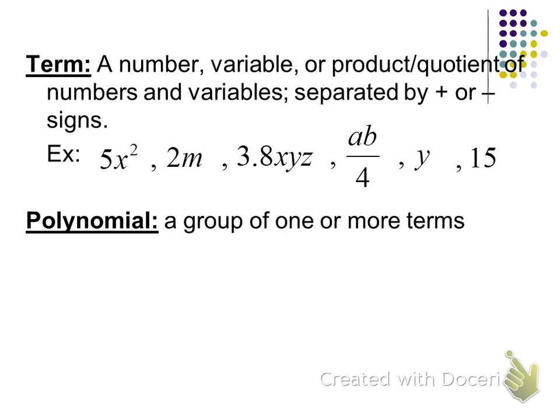A polynomial is a group of one or more terms. So if I put, let's say, a plus sign in between each of these, that would be a polynomial. All right, a group of terms separated by plus and minus signs.